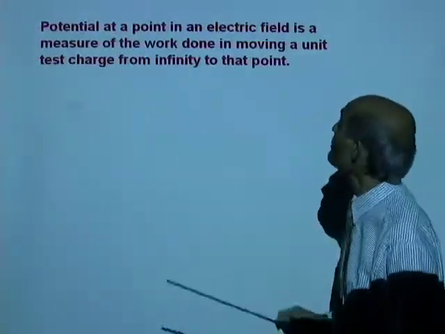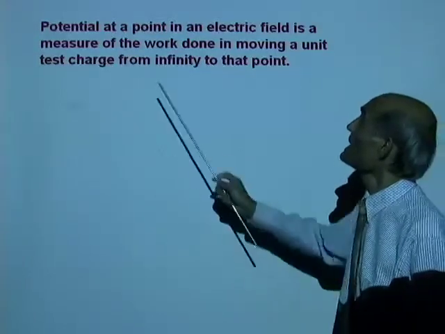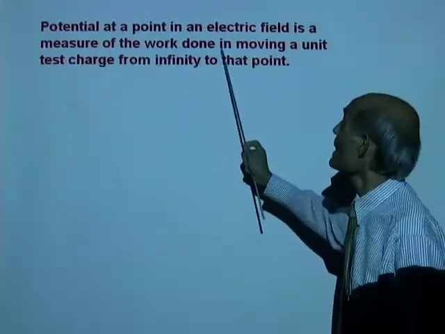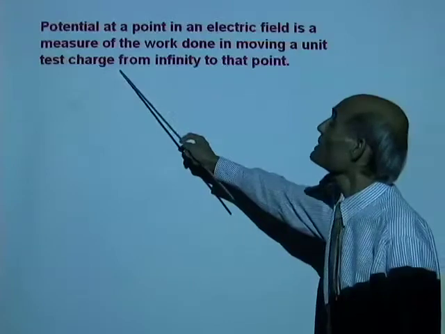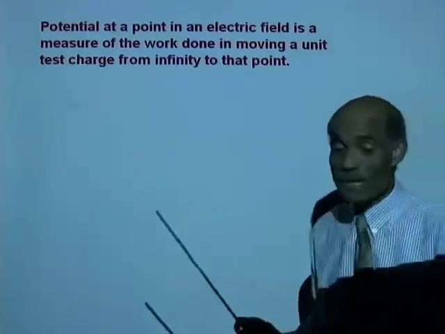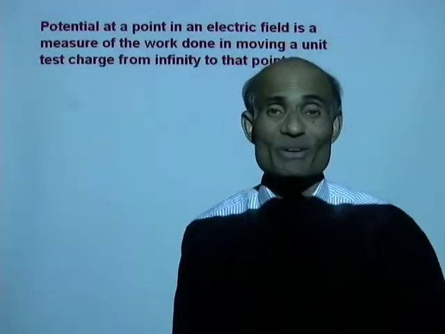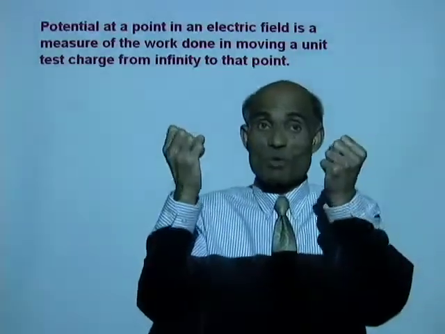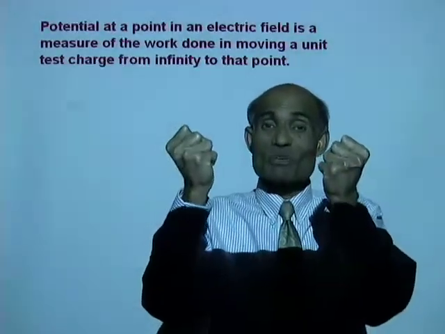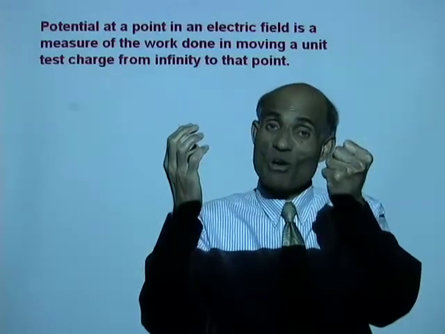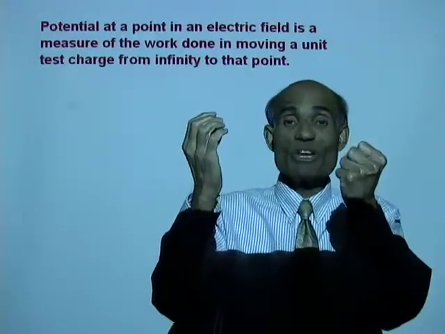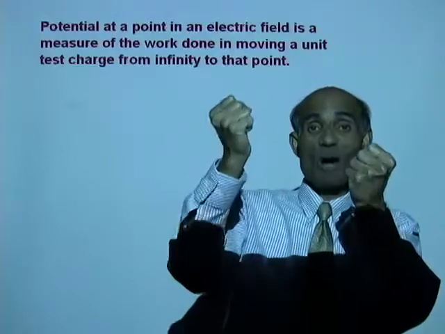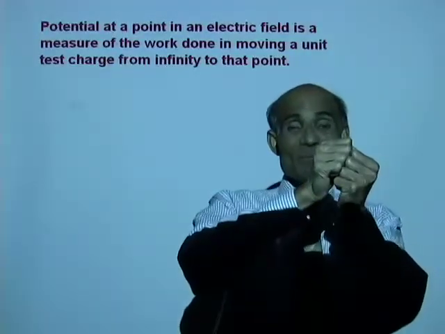Potential at a point in an electric field is a measure of the work done in moving a unit test charge from infinity to that point. Now, you remember earlier on we defined the potential difference between 2 points as a measure of the work done in moving a unit test charge from one point to the other.